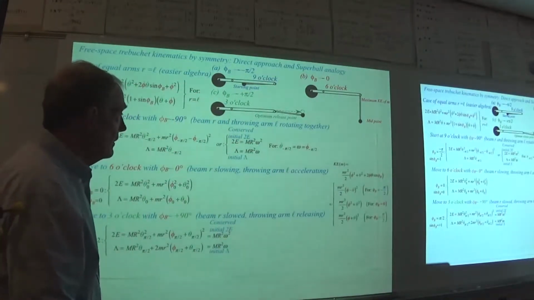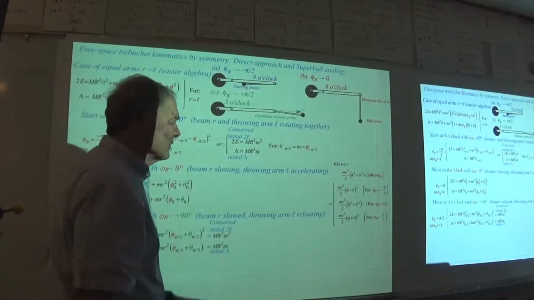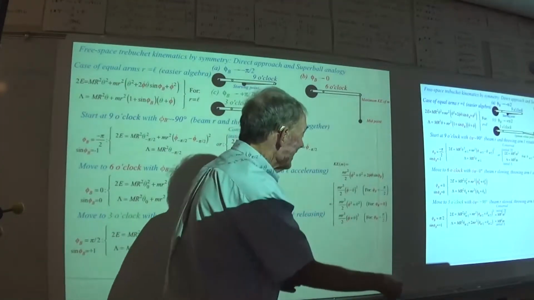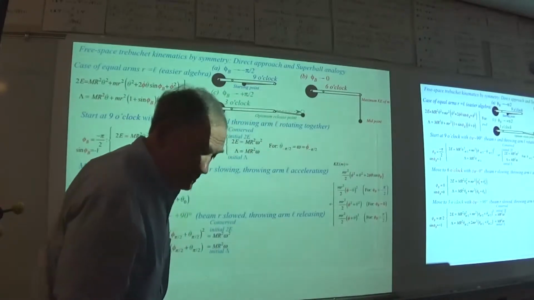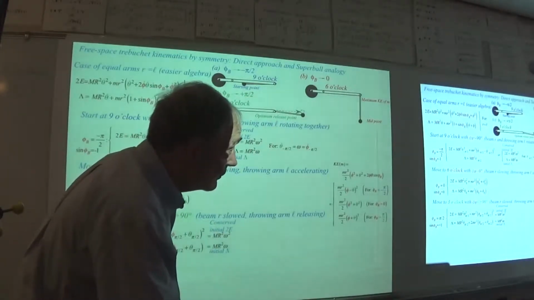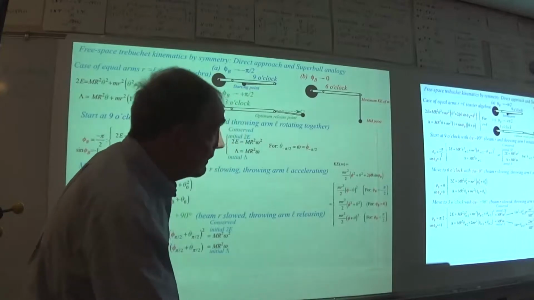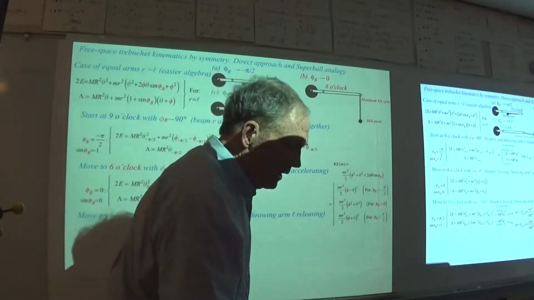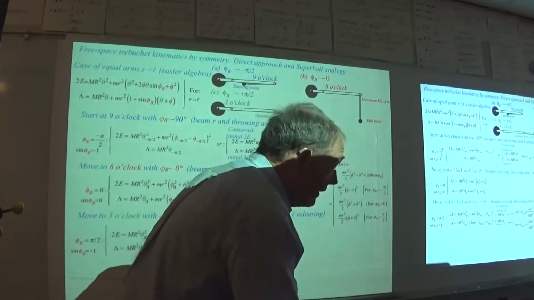The basic idea for this is that you look at the kinetic energy that we have here. We've got these 3 cases, and that lets us make some statements about what the energy and the angular momentum is.